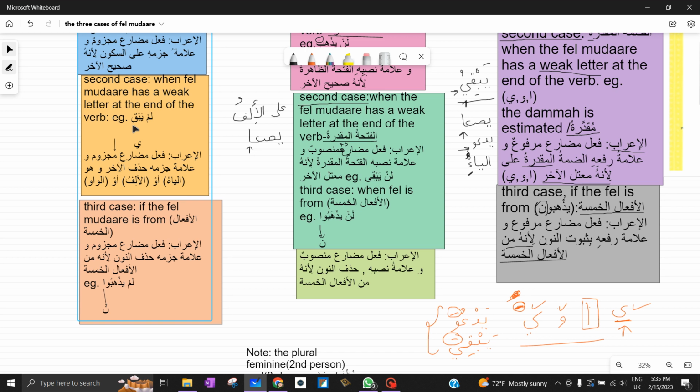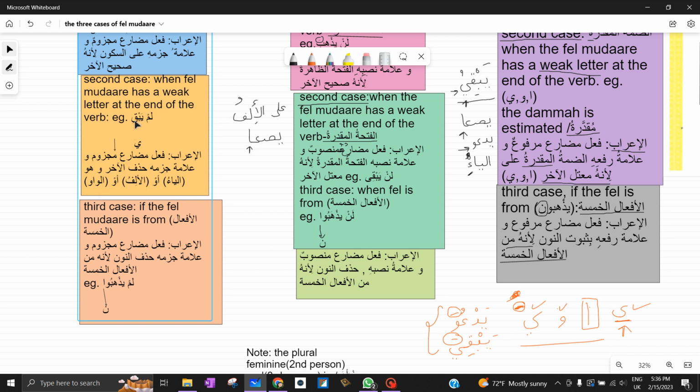What happens? As you can see, I will take this example, yabqi and yad'u. The weak letter at the end of the verb, the ya, gets deleted and the eraab will be fail mudaare majzoomun wa alamatu jazmihi bihazf al-akhir wa huwa ya, alif or waw.